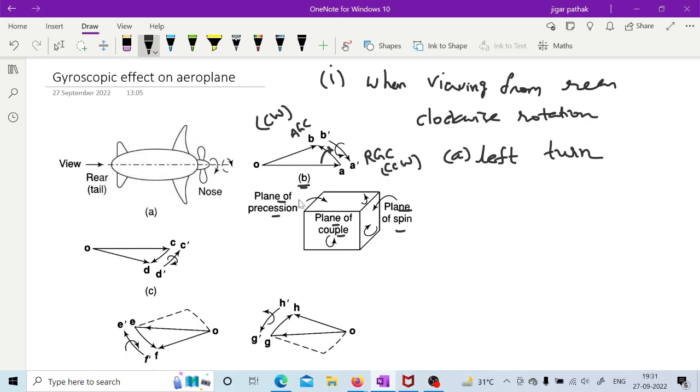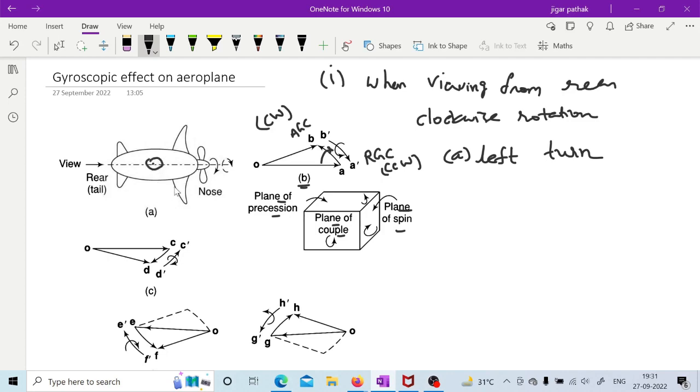And if it is counterclockwise, the torque is going to act about the third axis, as we have discussed. If you imagine a counterclockwise couple acting on your aeroplane while taking a left turn, there is an axis which is coming out of the plane, right?